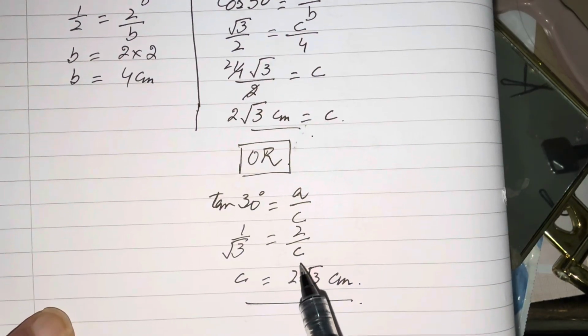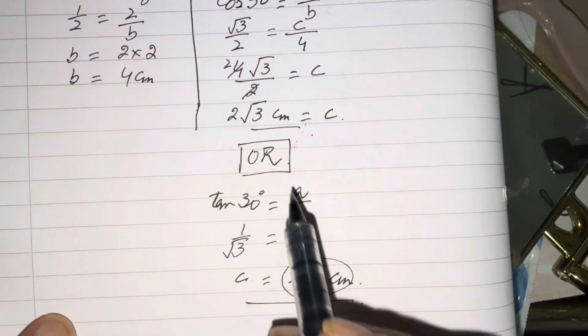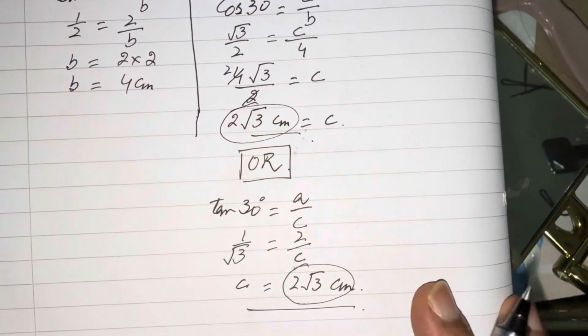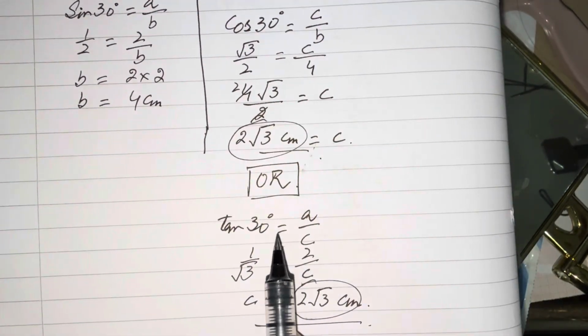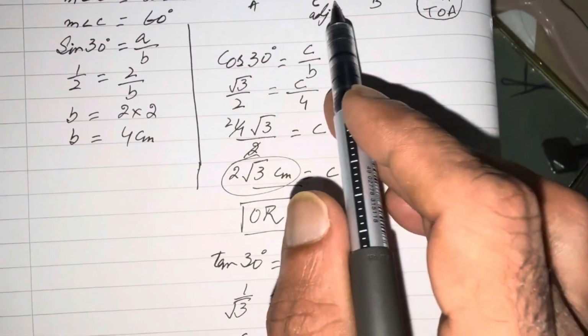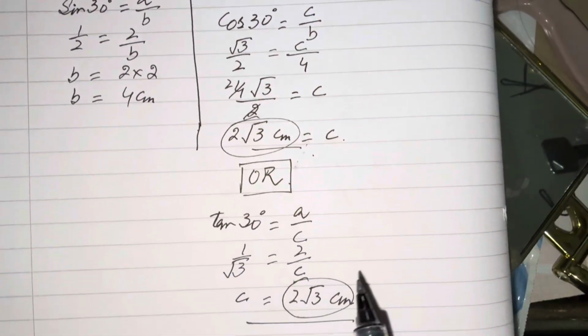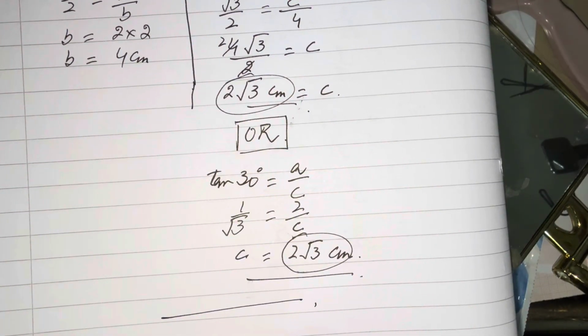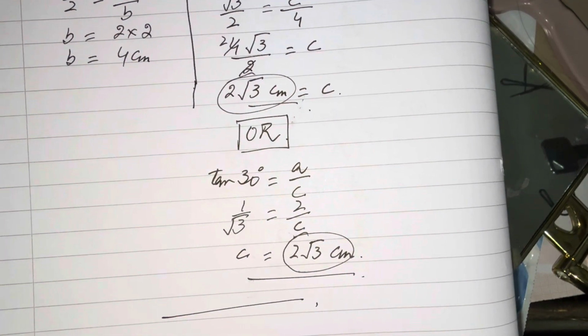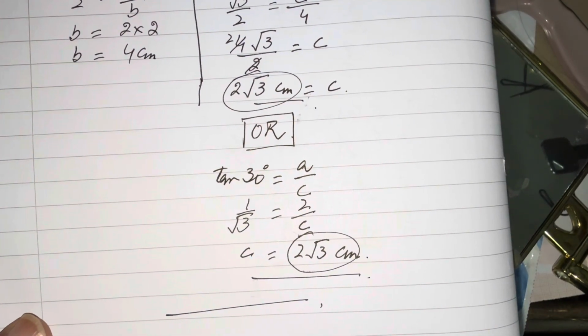If you see, these two answers are the same. So it means you can take cos 30 or tangent 30 to find the length of the adjacent side. That's how we can find the lengths of the sides of the right angle triangle by using the trigonometric ratios.